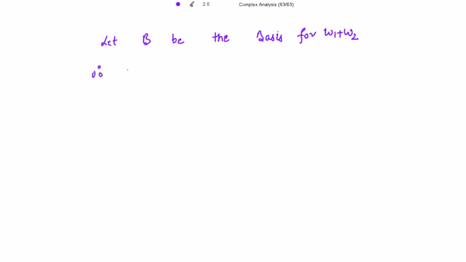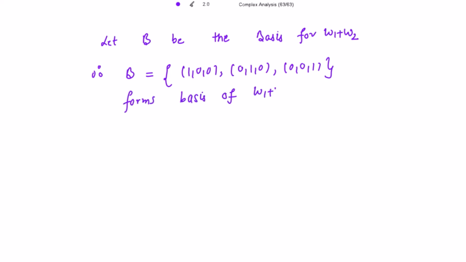So the basis B is (1, 0, 0), (0, 1, 0) and (0, 0, 1). These are also known as the standard basis for the three-dimensional vector space. So these form the basis of W1 plus W2.